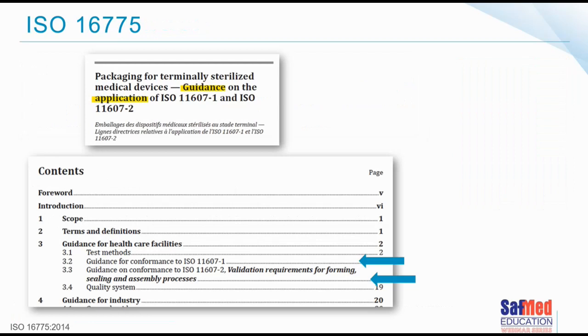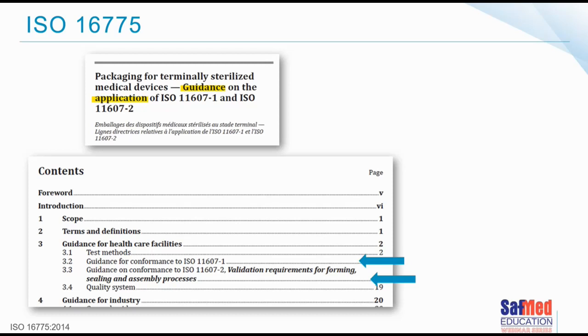Okay, ISO 16775. As you can clearly read over there, it is guidance on the application of 11607 Part 1 and Part 2. As you can see, Part 1 is the scope and introduction, and Part 3 is guidelines for healthcare facilities.